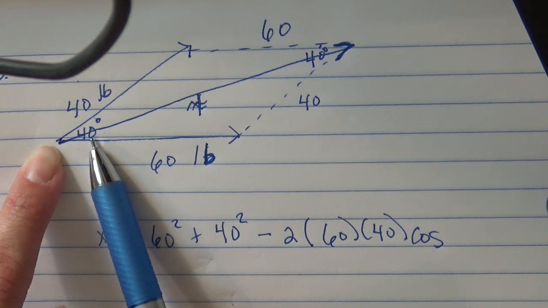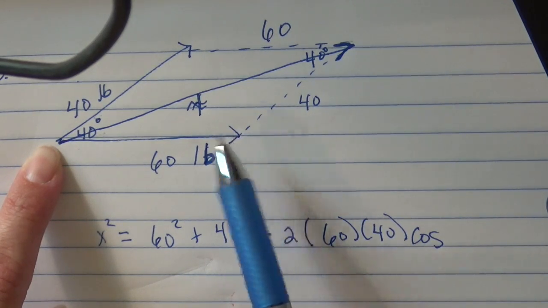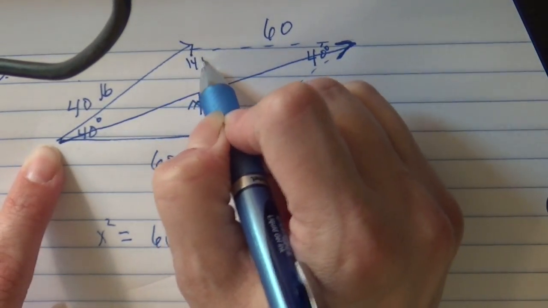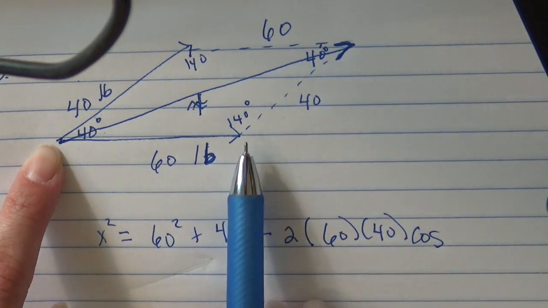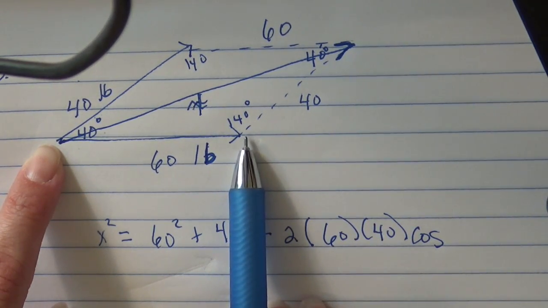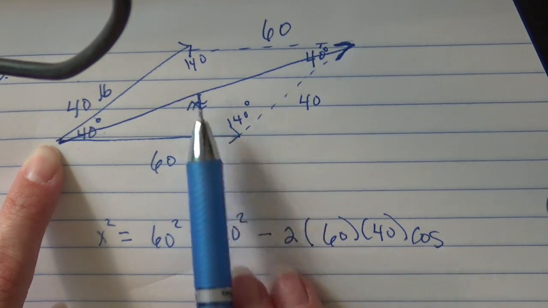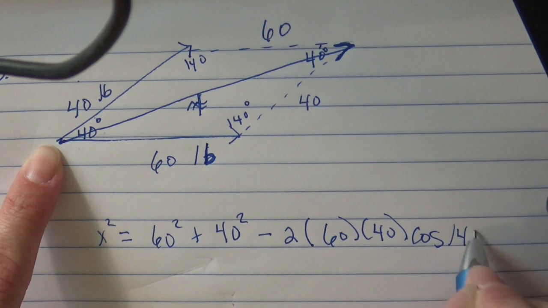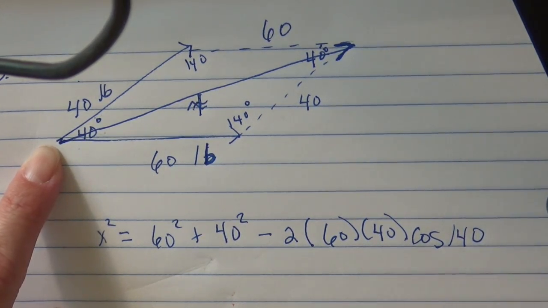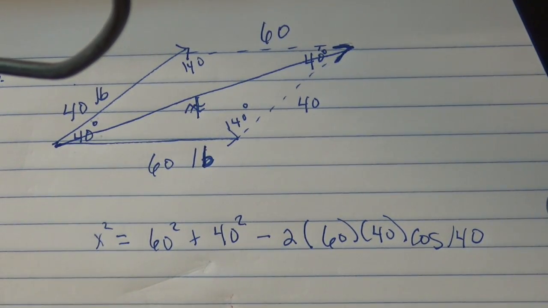And then if we divide 280 in half, we would be left with 140 here and here. So this angle is 140 degrees and is opposite that diagonal that we're solving for, so we're going to put cosine of 140. This is just law of cosines, just like we did in section 8.2.